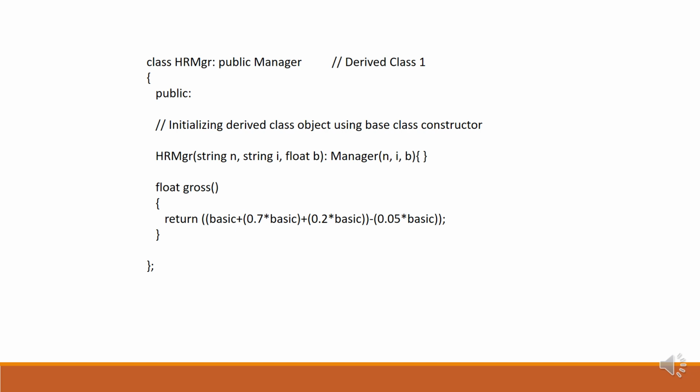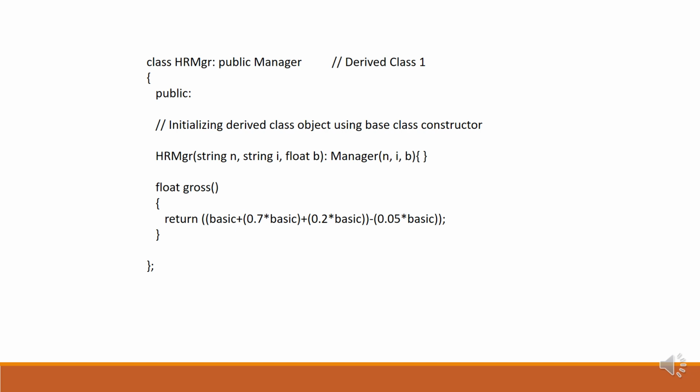It is specified as colon manager and then passing N, I, and D. When we actually instantiate an HR manager object, the values should be sent correspondingly for name, ID, and basic salary, which are then passed to the base class constructor to initialize the derived class object, that is HR manager.